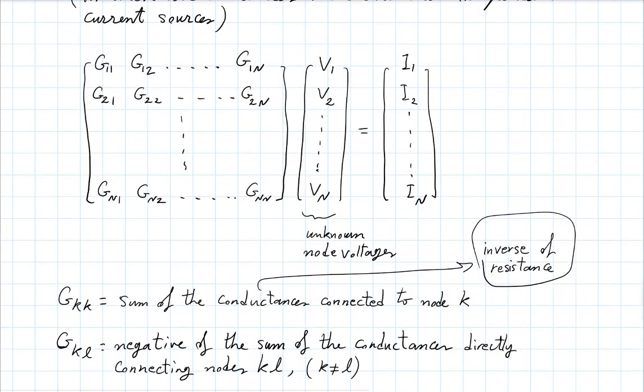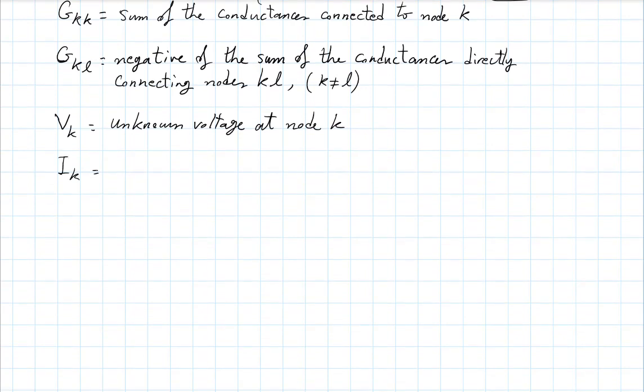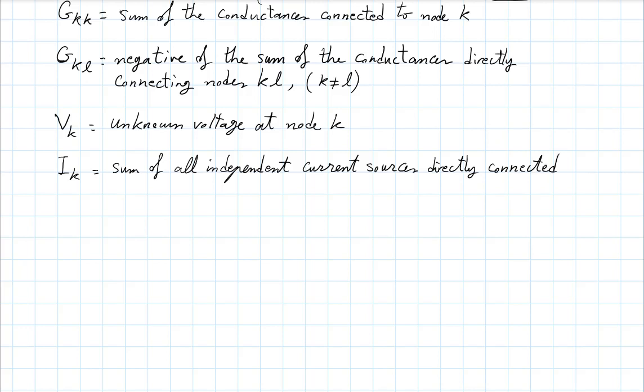And now if you go to the right-hand side, which originates from the current sources, from the independent current sources, so for each row, so IK, that's the sum of all independent current sources directly connected to node K. And you have to be very careful, because when you talk about the currents connected to a node, there is the matter of the directions of the currents to deal with, right?